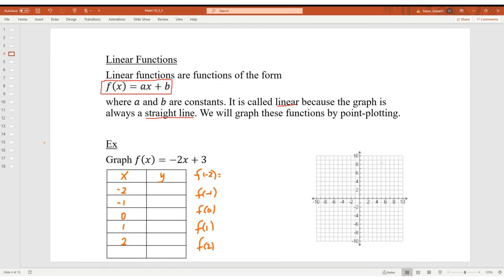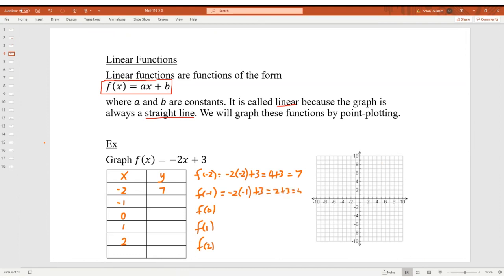So it becomes -2 times -2 plus 3, which is 4 plus 3 equals 7. So the first number here is 7. Just plug in the x value you have. So we choose those x values and evaluate the y value. The second one here: -2 times -1 plus 3, which is 2 plus 3, which equals 5.